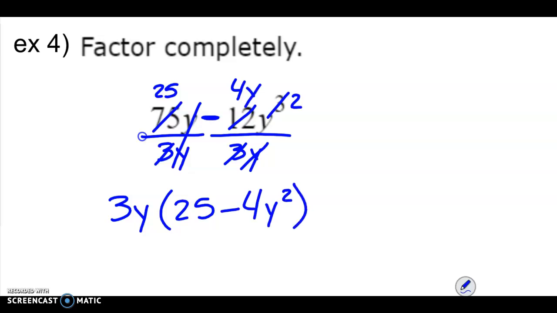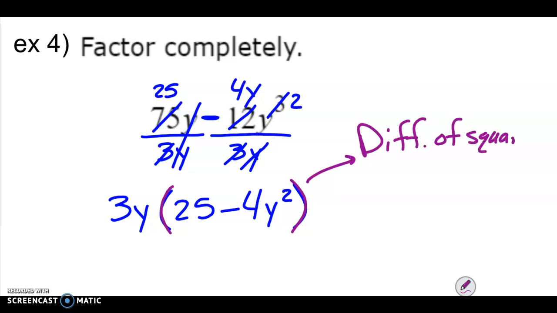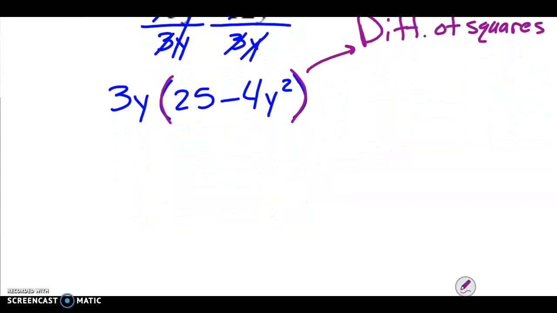Hopefully what we're noticing at that point is that this piece is a difference of squares, okay? And we have shortcuts for stuff like that, okay? Use the shortcuts. You remember yesterday we looked at this 2 ways.